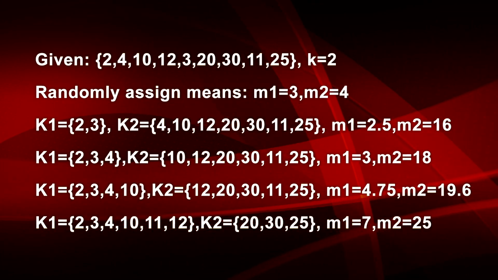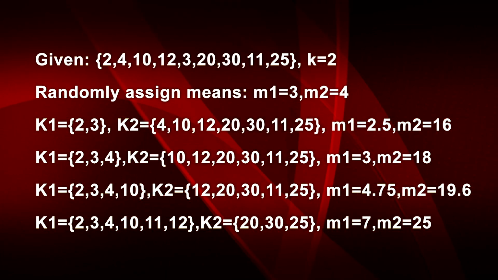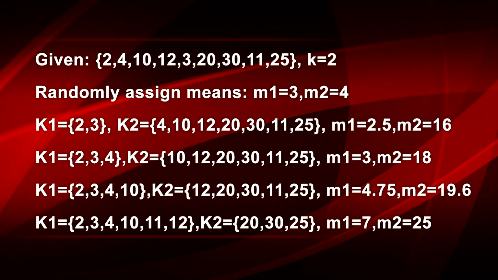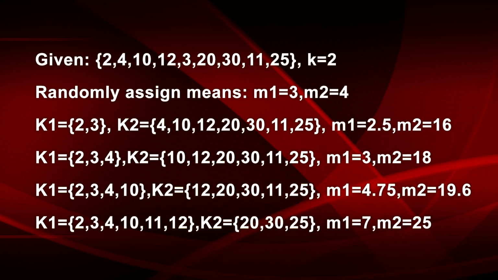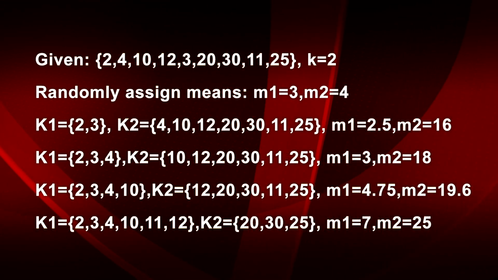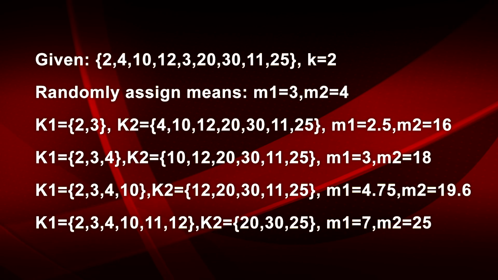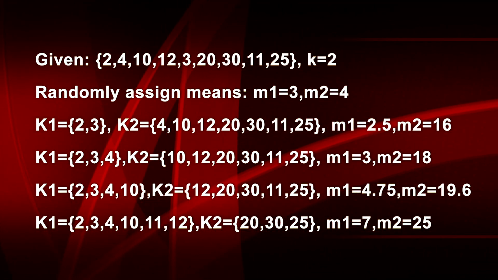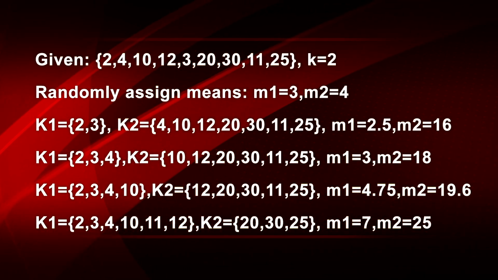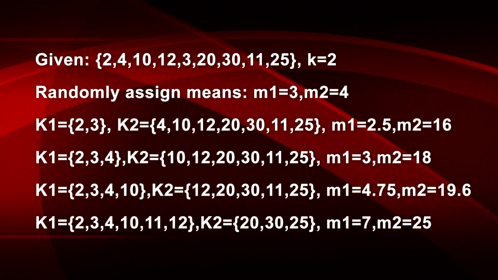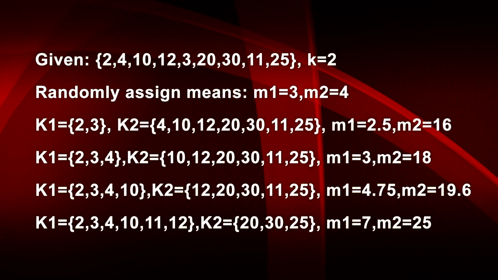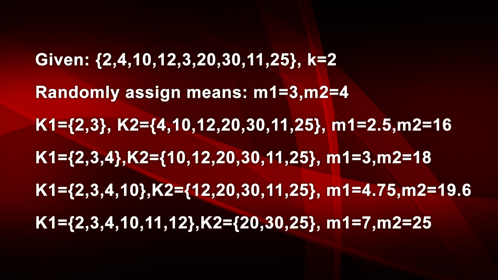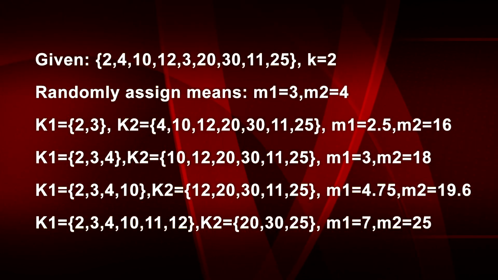Again, point 2 will fall under K1, point 4 will fall under K1 because they are close to 2.5 rather than 16, and there is one more point in the middle of the given data, 3, which will also fall under K1 because all these three are closer to 2.5. The remaining points 10, 12, 20, 30, 11 and 25 are closer to 16 rather than 2.5, so I put them in the second cluster K2, and the list is shown in the 4th bullet.